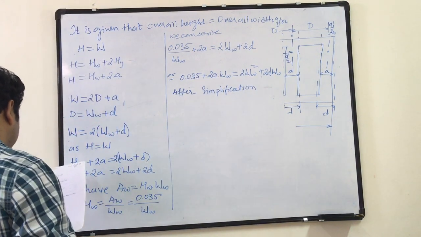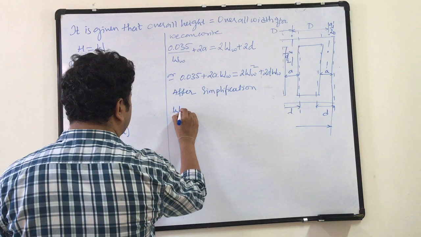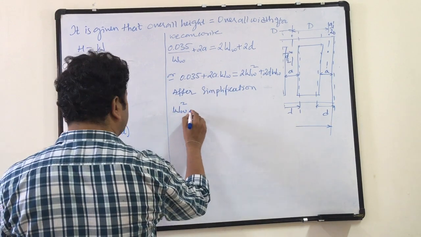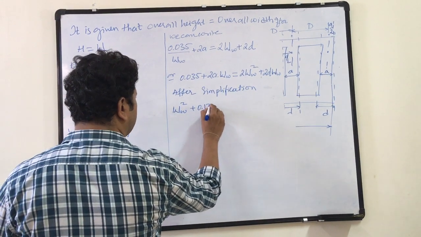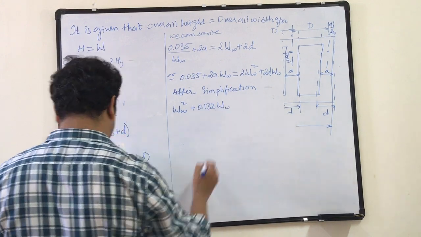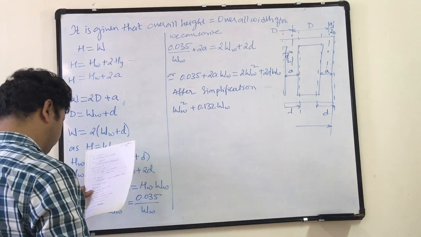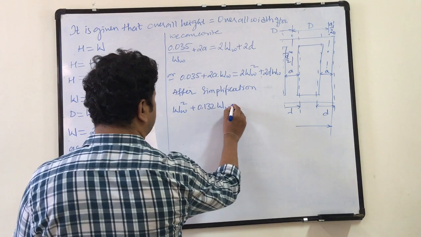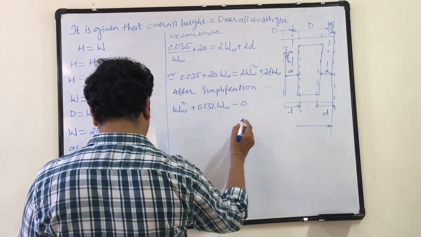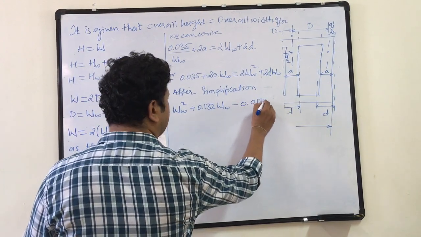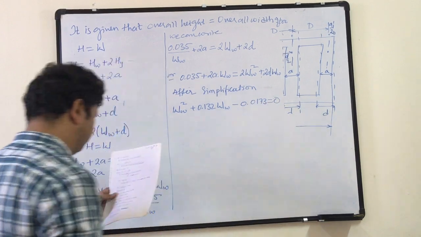After simplification, I will write width of window square plus 0.132 width of window minus 0.0173 is equal to 0.